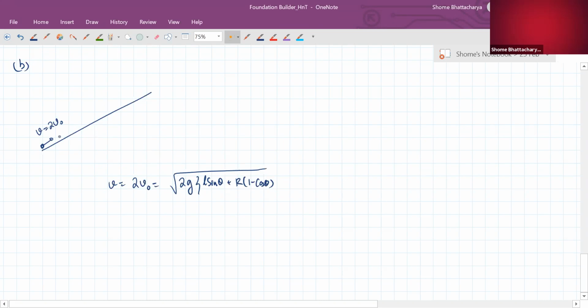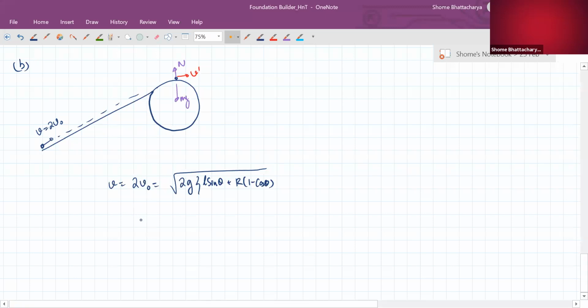Then when it reaches the top point here, the speed is, let us say, v prime. So the forces acting on it will be normal reaction and mg.